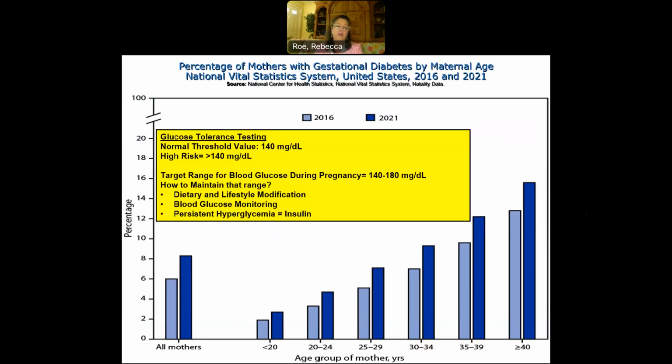They'll keep giving you doses and see what your blood sugar is at certain time intervals. If you are scoring greater than 140 milligrams per deciliter, you'll want to keep that range somewhere within 140 and 180. So that's how glucose tolerance testing works.